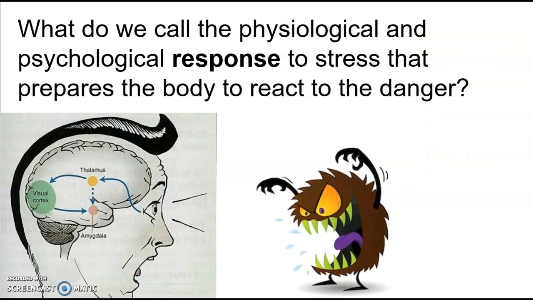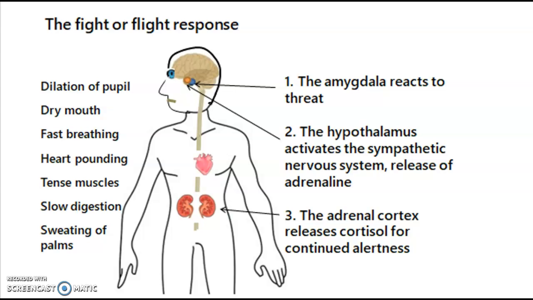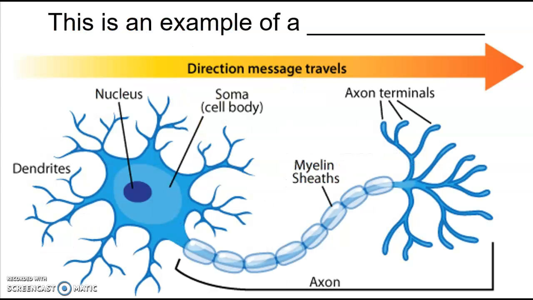What do we call the physiological and psychological response to stress that prepares the body to react to danger? This is the fight or flight response, a very powerful response. Look at all the things that happen within the body. This is an example of a neuron or nerve cell.